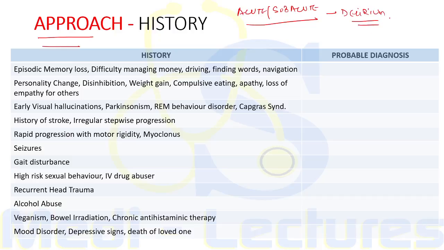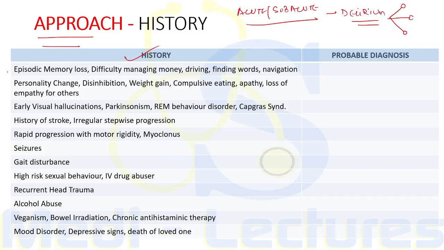And we have to ideally search for any intoxication, infection or metabolic derangement which can lead to delirium. So in history, we will discuss according to the case scenario what is the history being provided and what is the most probable diagnosis according to that.